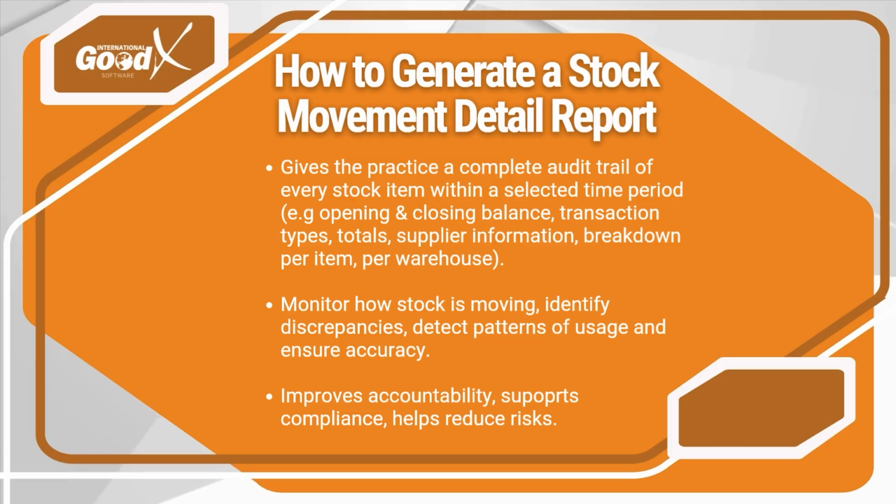We'll be able to monitor how stock is moving, identify discrepancies, detect patterns of usage and ensure accuracy. In essence, this improves accountability, it supports compliance, and it helps reduce risks. So, without any further ado, let's get into it.